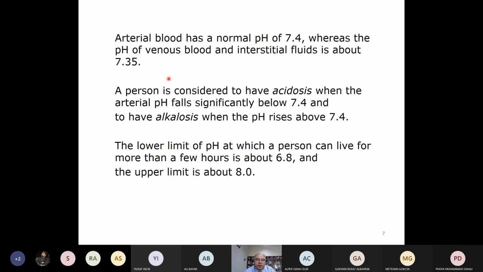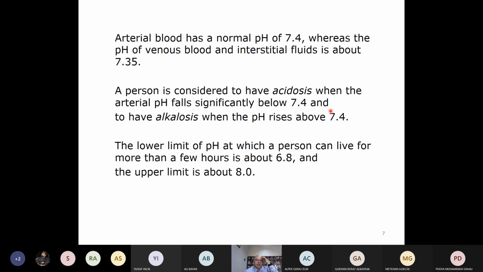When you measure pH, if it is lower than 7.4, then you say that there is acidosis. By the way, there is an opposite relationship. When this number goes down, it means hydrogen ion concentration is increasing, so it is acidosis. Below 7.4 is acidosis. Above 7.4 is alkalosis.